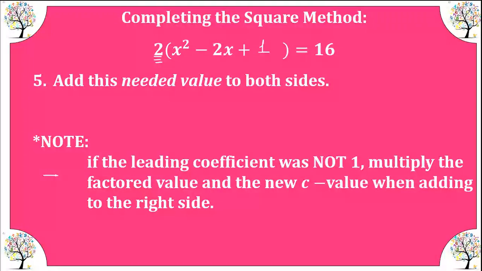So here, make sure you take note and write this in your notes that if I have factored out a factor, I need to multiply this needed value, which was 1. Now we have a perfect square trinomial, and I need to add a value of 2 on the right. 2 times 1 is 2, so I have added a value of 2 on the left, so we have to add a value of 2 on the right.